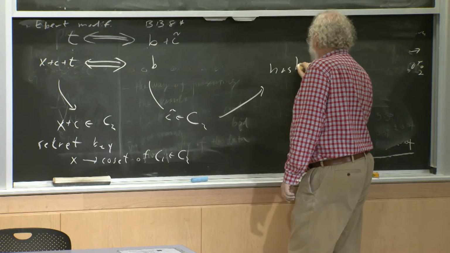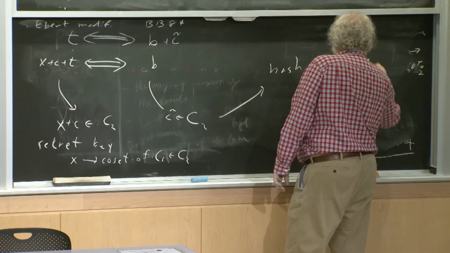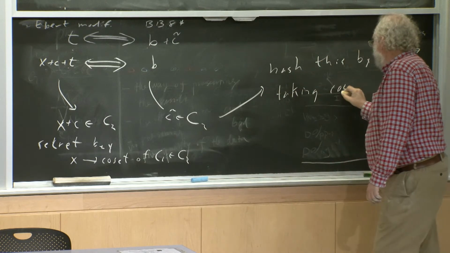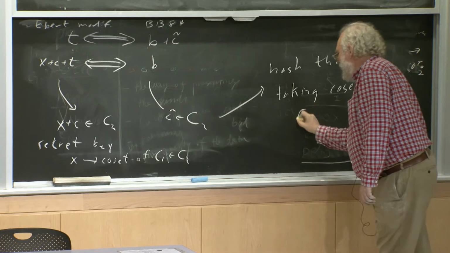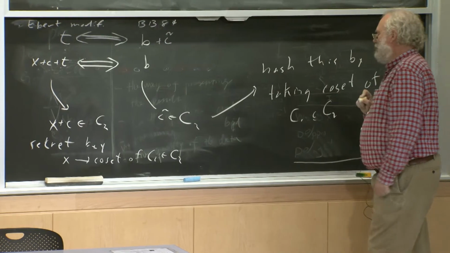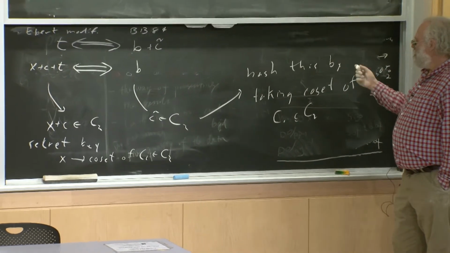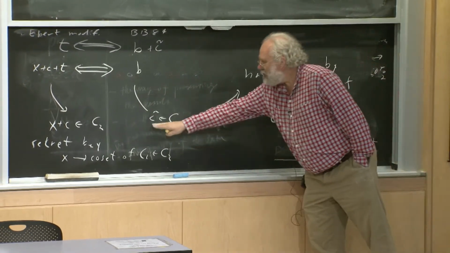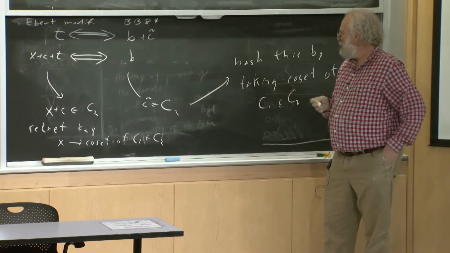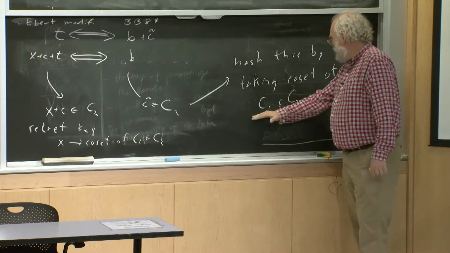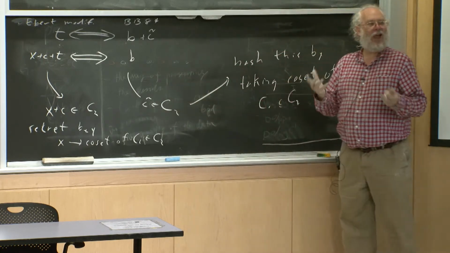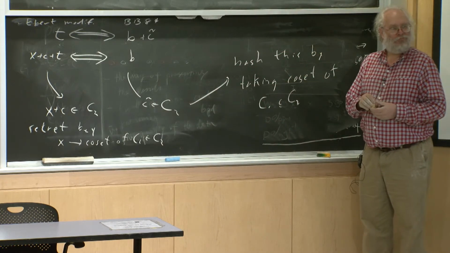So you hash this by taking the coset of C1 in C2. Instead of using this entire codeword in C2 as a secret key, you just find the coset of C1 in C2 this corresponds to and use that as a secret key. And that is the hashing in the BB84 protocol.